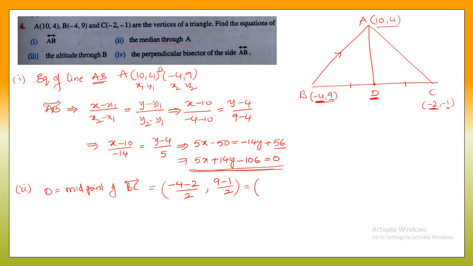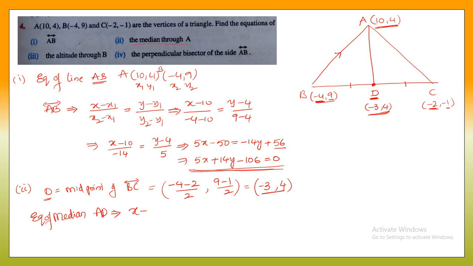Then minus 4 minus 2 is minus 6, divided by 2 is minus 3; 9 minus 1 is 8, divided by 2 is 4. Now we got the point D, which is (-3, 4). When I know this point and point A, I can directly write down the equation of median AD using the same 2-point form.